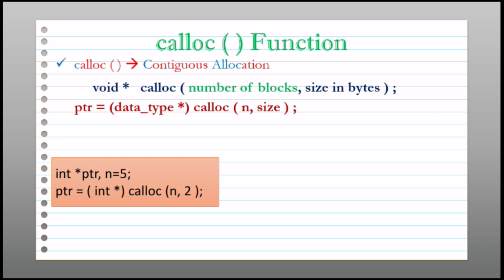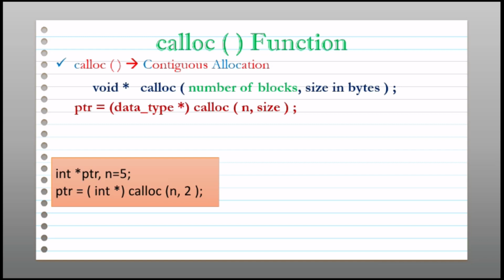So we have written n comma 2 in the brackets. That means calloc will allocate 5 blocks. Each block will reserve 2 bytes of memory. So total 10 bytes. So here calloc will return 10 bytes which is of type void.